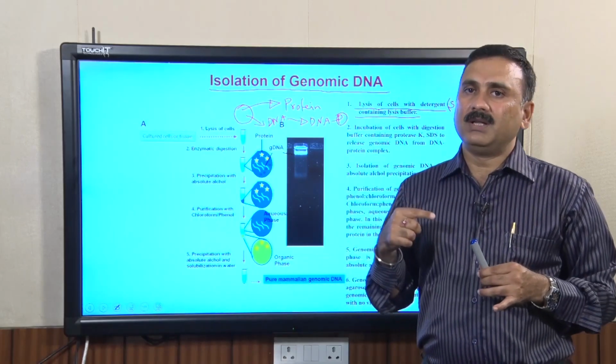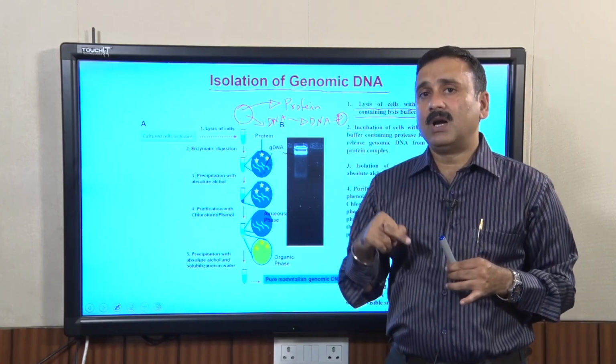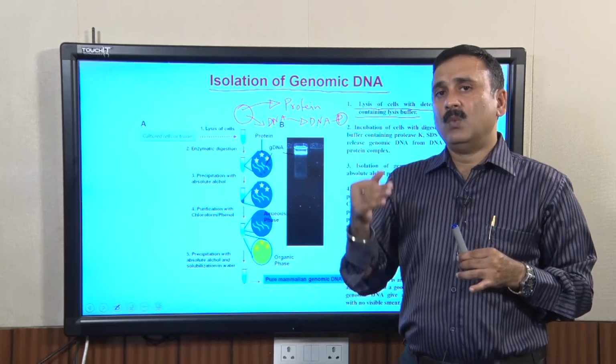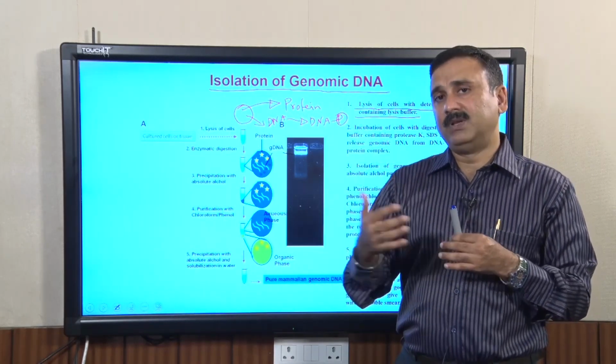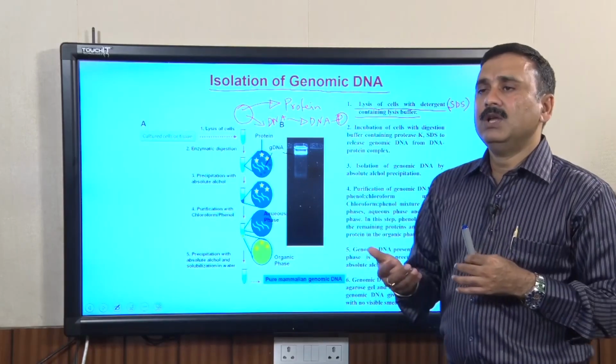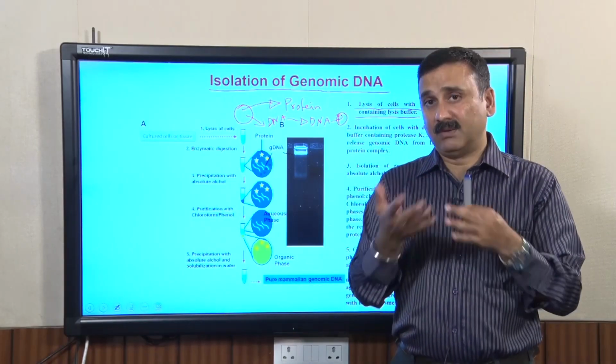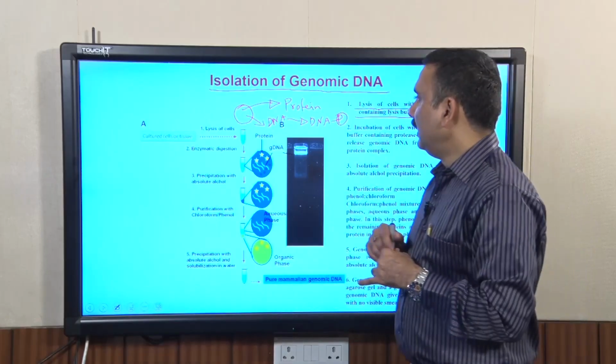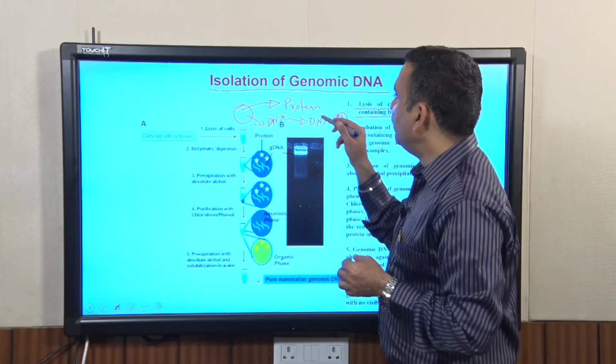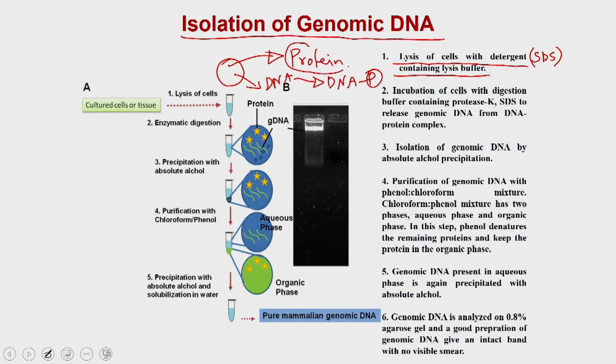You also get protein, DNA in complex with protein, and lipids, carbohydrates and other biomolecules. So the first task would be to remove the protein, which is either present alone or along with the DNA.